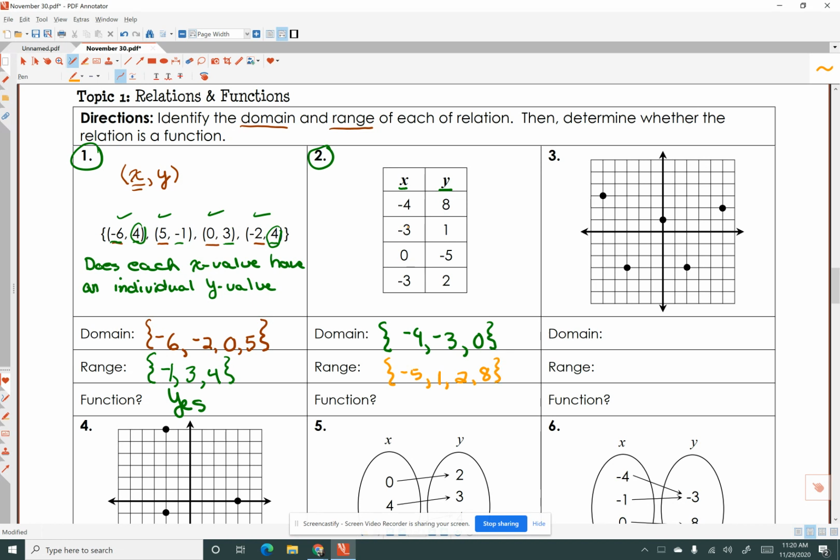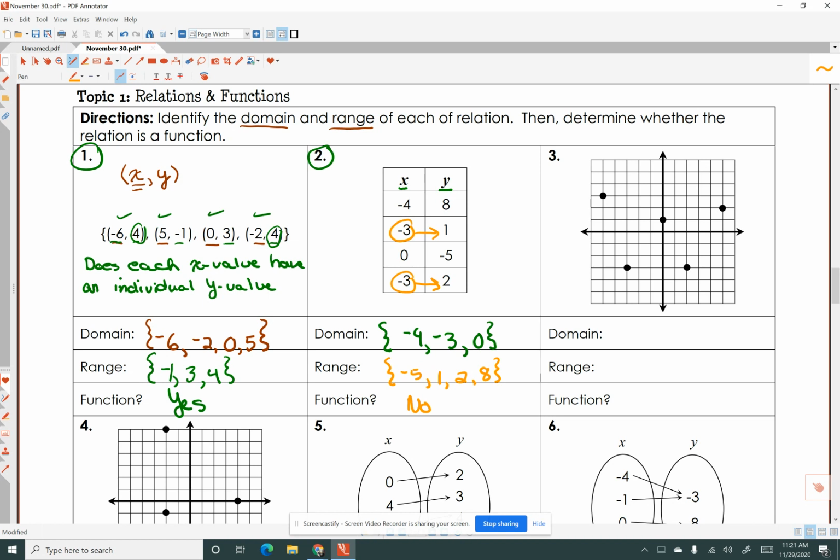Okay, look what's happening with -3. -3 can either give us a y value of 1 or a y value of 2. It's not an individual y value for each x value, so this is not a function.